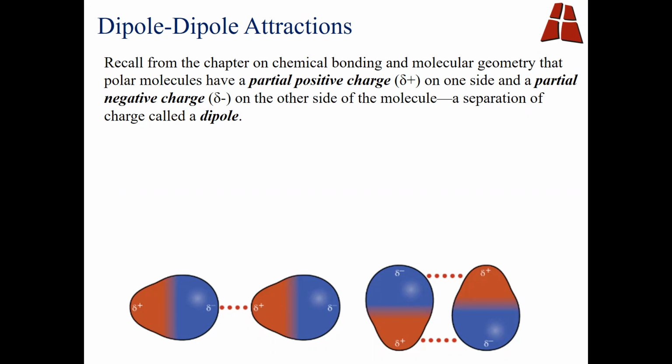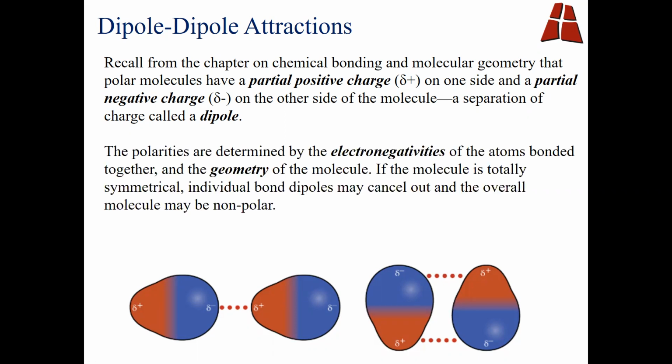And when we get one side that's positive and one side that's negative, we call that a dipole. The polarities are going to be determined by the electronegativities of the atoms that are bonded together, and also the geometry of the molecule. Again, just a reminder that if a molecule is totally symmetrical, even if it has polar bonds, those may cancel out to make the molecule nonpolar.